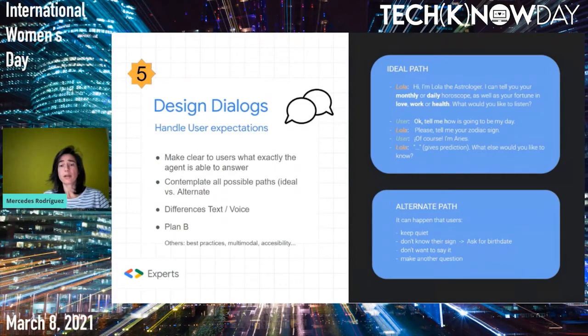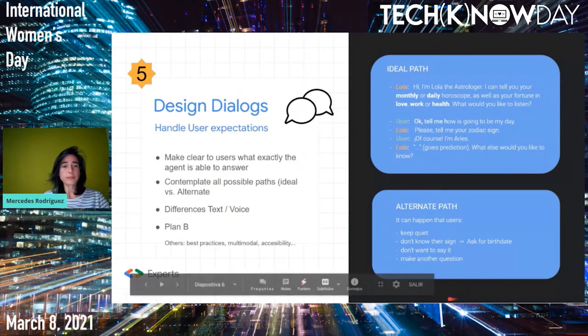Or they just make another question and change topic and say, "Oh no, I'd prefer to hear about love." So our agent has to be prepared for all the possibilities related to the scope that we have delimited.